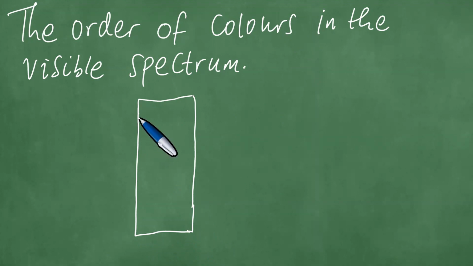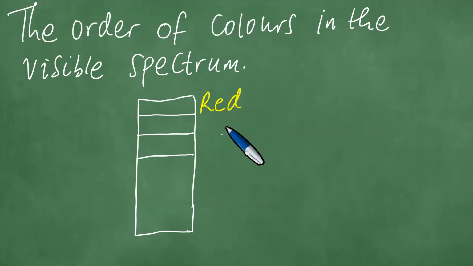So here we cut a small slice of the spectrum. Another little slice here. Another slice here. But here we're going to put the red. Red. And then the next thing we have is orange. After orange is what, Leander?